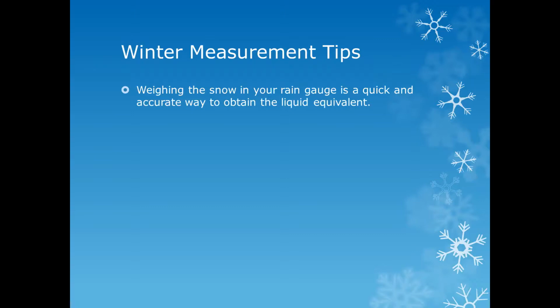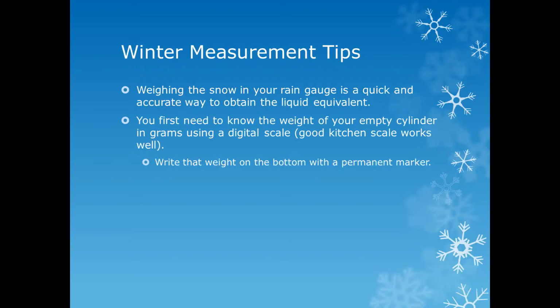And you're going to be doing a lot of pouring back and forth and subtracting what you added, keeping track of what you added, not spilling. If you weigh your rain gauge and your snow, you solve all those issues. What you need to do is know the weight of your empty cylinder in grams.